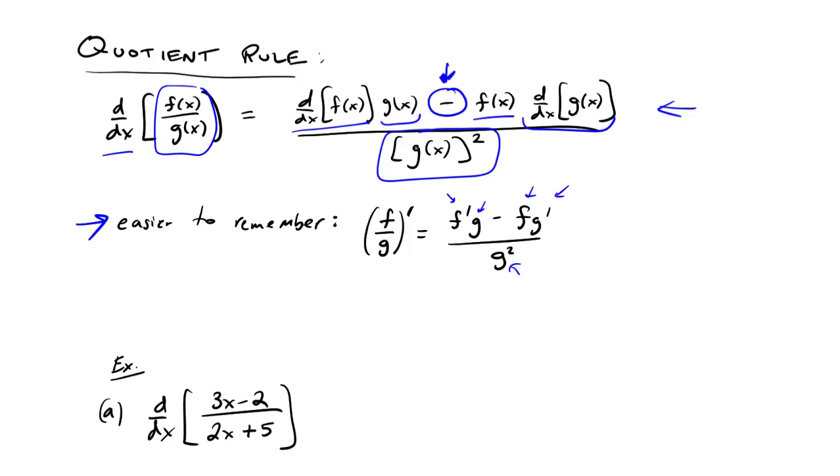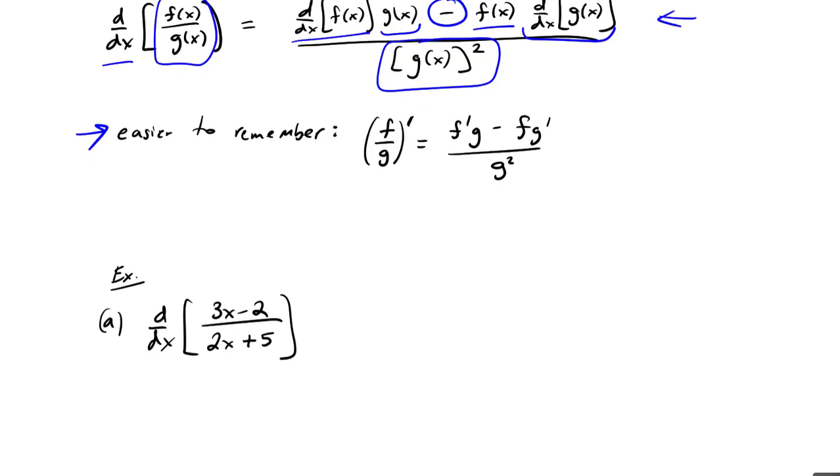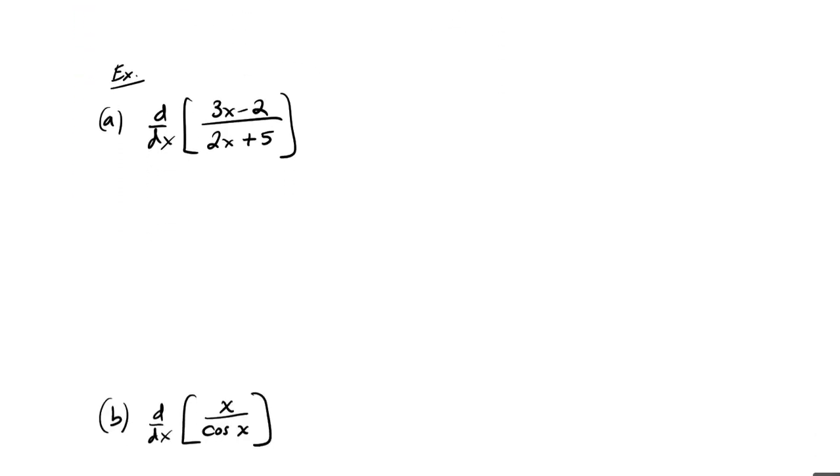That's why I struggle to put it into practice there. Ultimately, you have to find what helps you remember that. But when I do it, I'm going to say derivative of the top times the bottom as it is minus the top as it is times the derivative of the bottom over the bottom squared. Okay. So again, it's just a routine that you have to get used to.